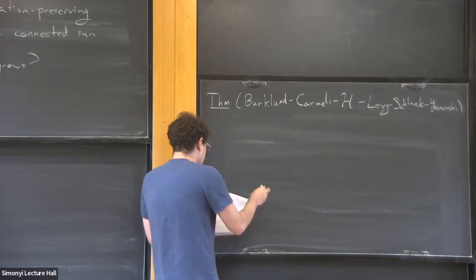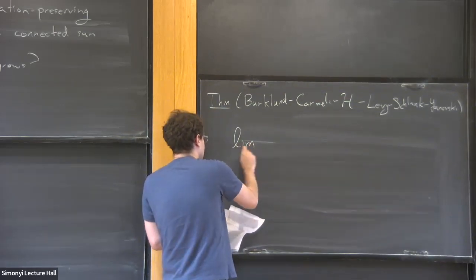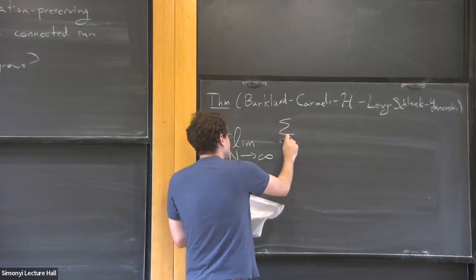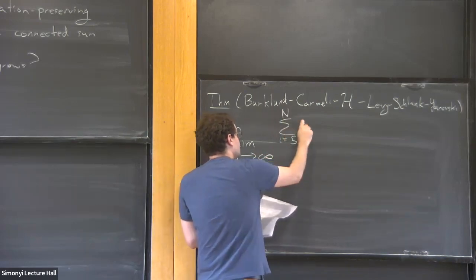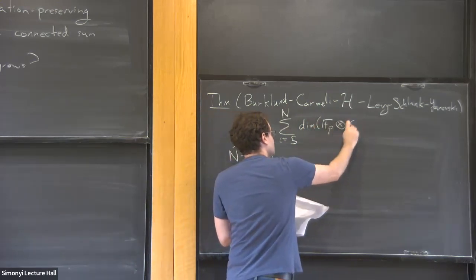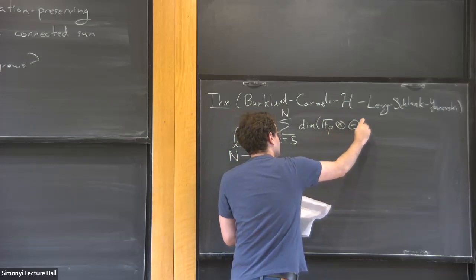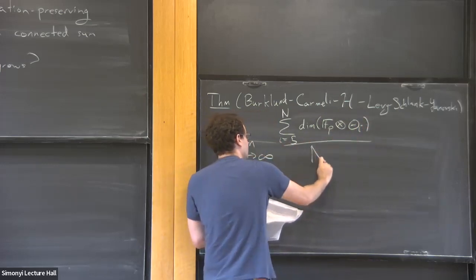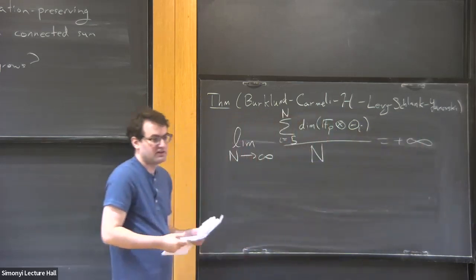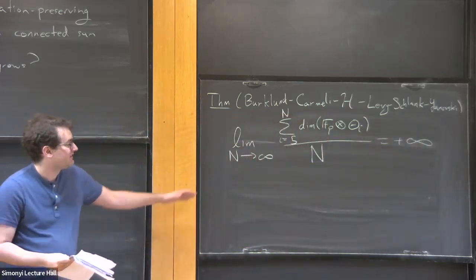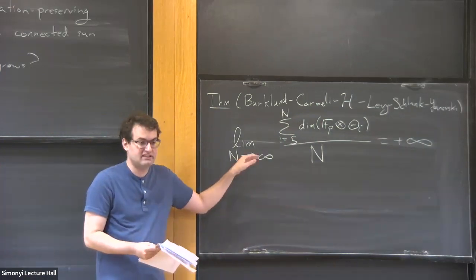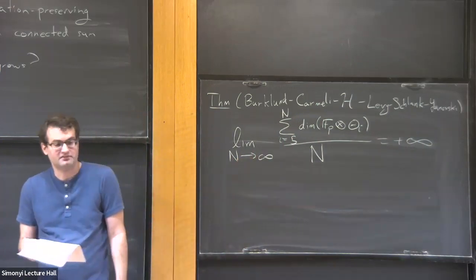It says that the limit as capital N approaches infinity of the sum of these dimensions, averaged, is infinity. So on average, these p ranks are growing. The average p rank is tending towards infinity as the dimension is tending towards infinity.